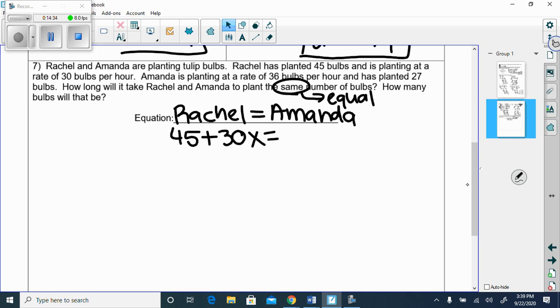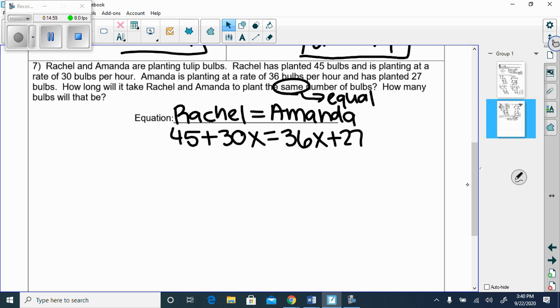Then for Amanda, she's planting at a rate of 36. Got to put an x with her 36 because that's her per hour. And then she already has planted 27.